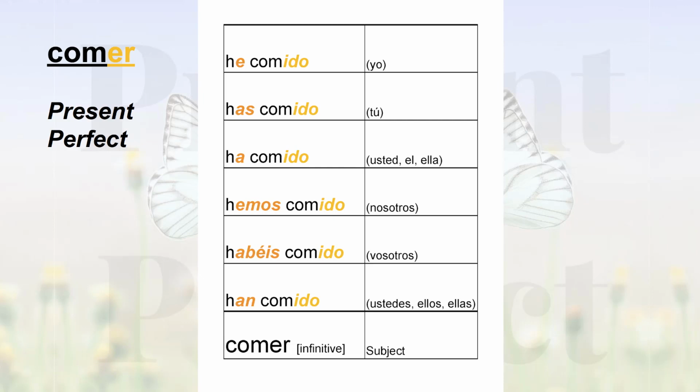Ha comido ella. Hemos comido nosotros. Habéis comido vosotros. Han comido ustedes. Han comido ellos. Han comido ellas.